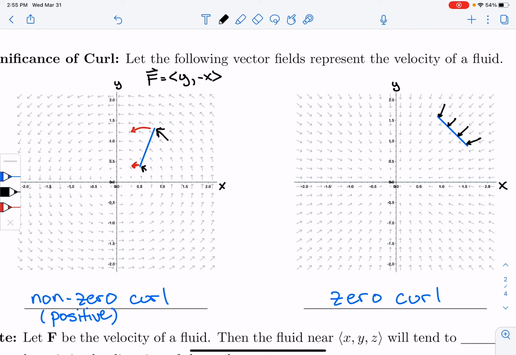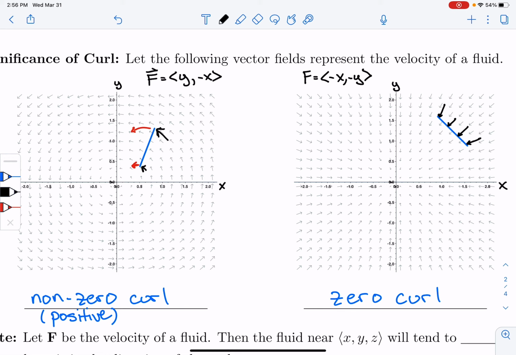That's the one that had no divergence, but in fact has a positive curl. And then this one that had 0 curl here, that was the vector field negative x, negative y. And we see that's the one that had negative divergence in our previous video.